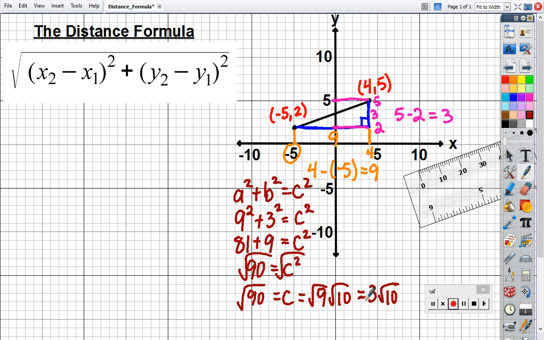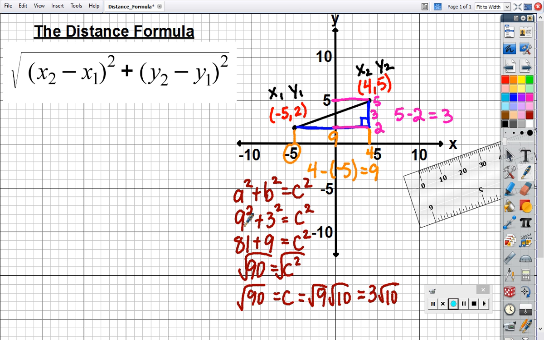Great. When I use the distance formula, all I'm doing is taking those steps I just did and making them generic. I'm abstracting them. So I'm going to label my coordinates x1, y1, and x2, y2. What did I do? I took the difference from x2 to x1, and then I squared it.